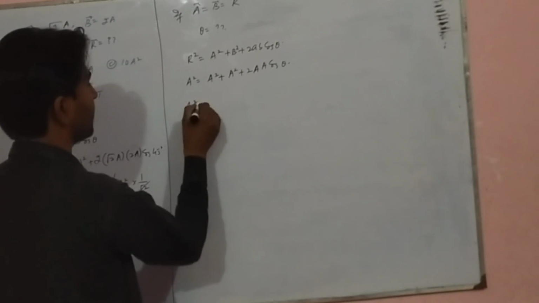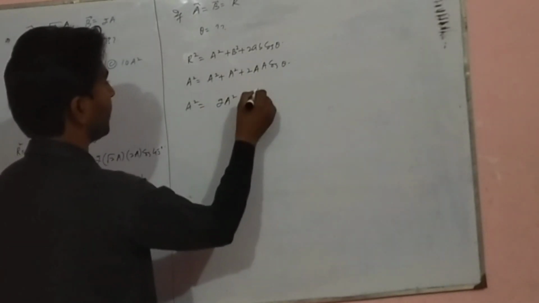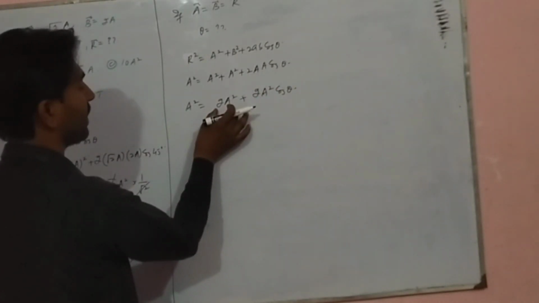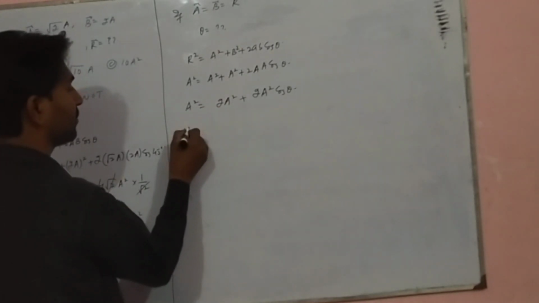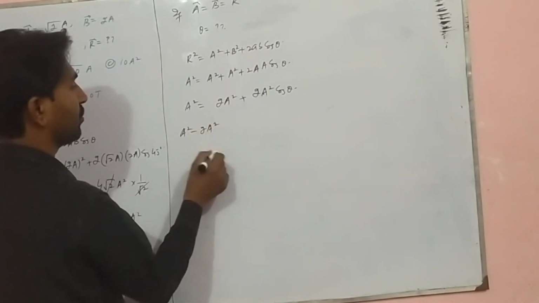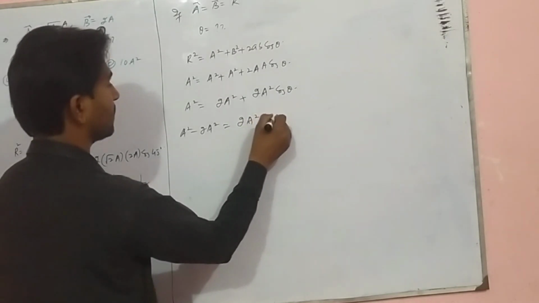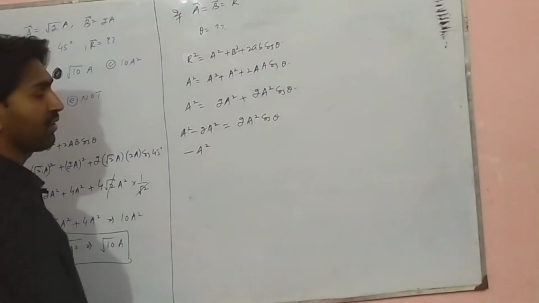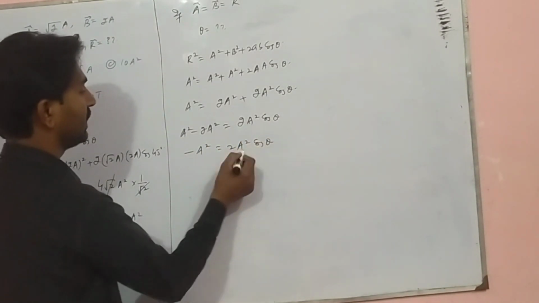So A square equals 2a square plus 2a square cos theta. Moving 2a square to this side it becomes minus 2a square, equal to 2a square cos theta. By subtracting, we get minus a square equal to 2a square cos theta.